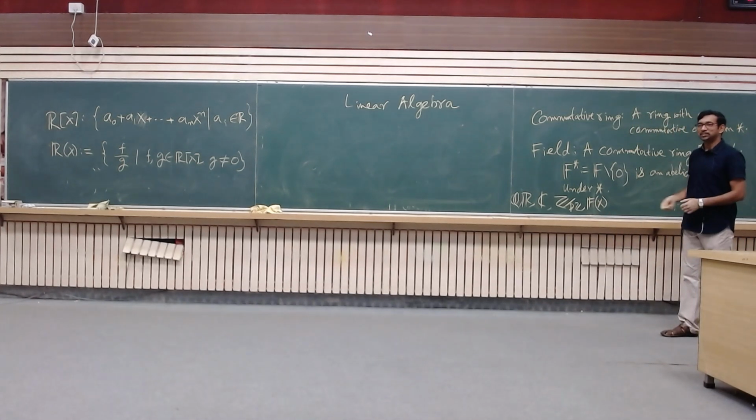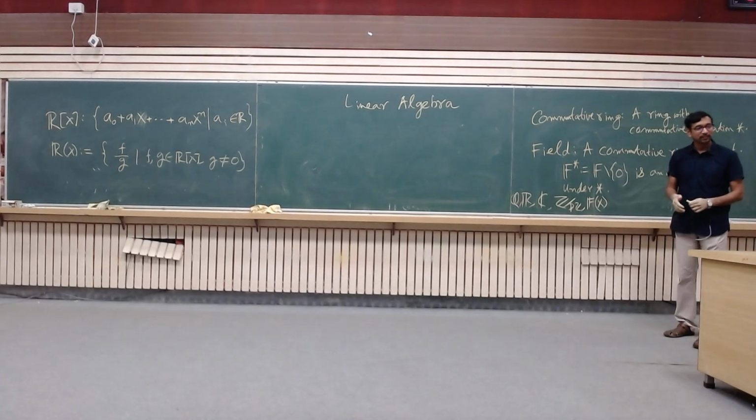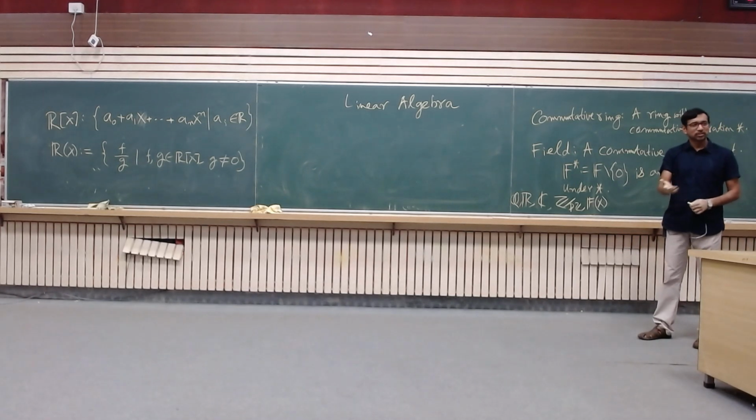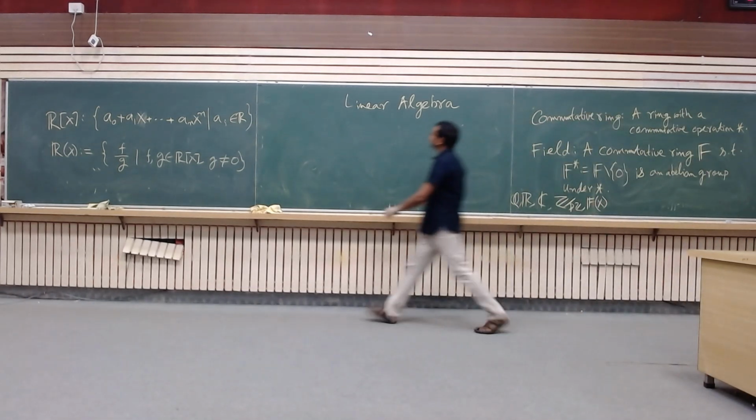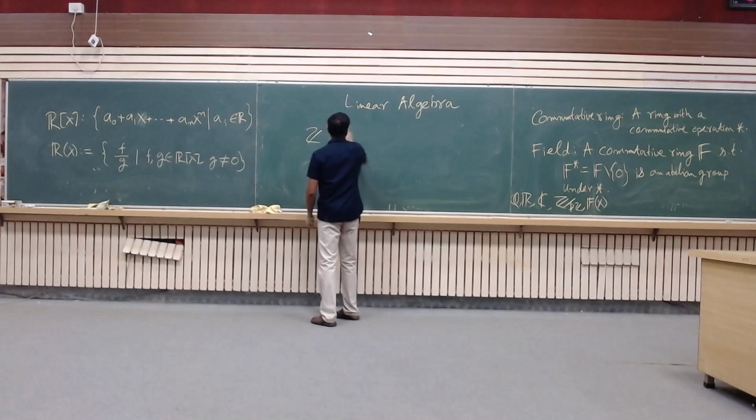Can you give me an example of a commutative ring where inverse doesn't exist? Q without the negative. Fractions without the negative. Yes, but a simpler example. Z, the set of integers.